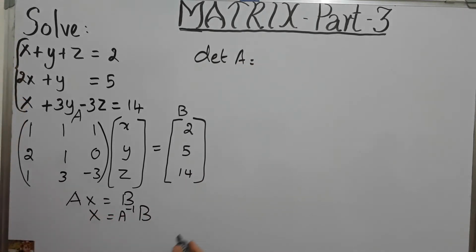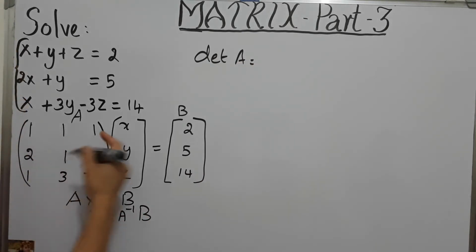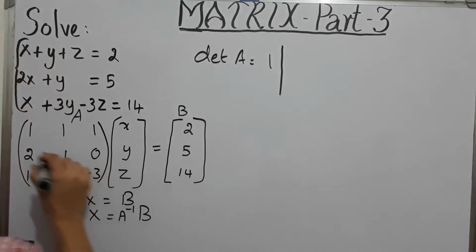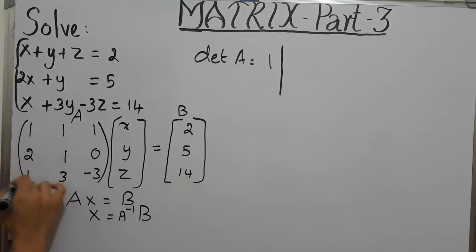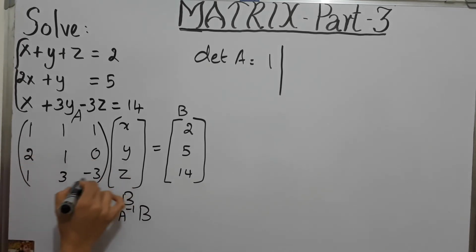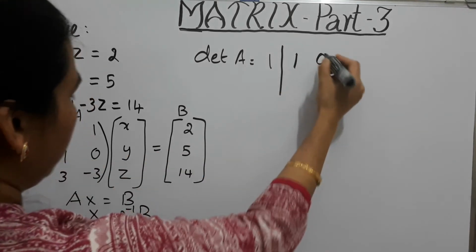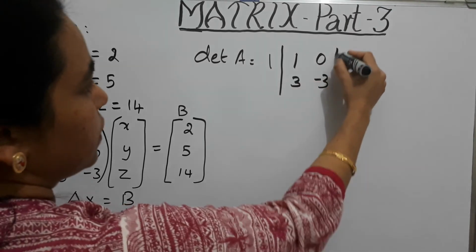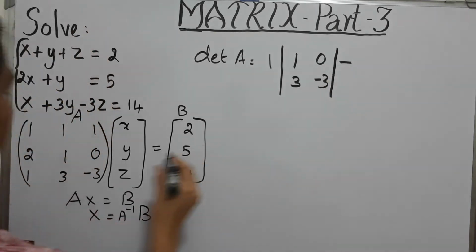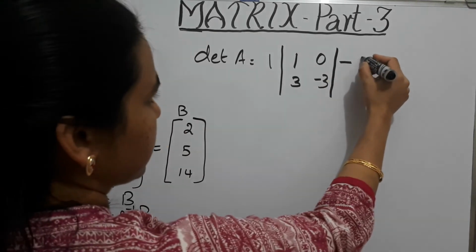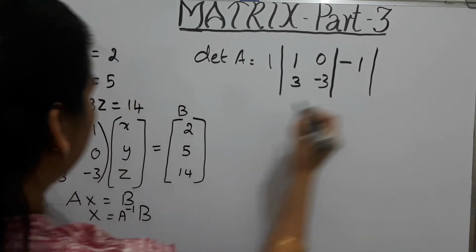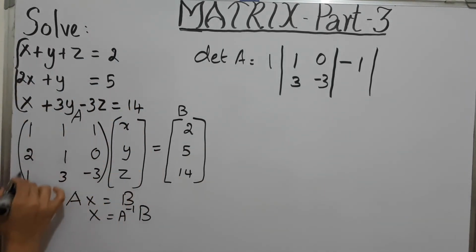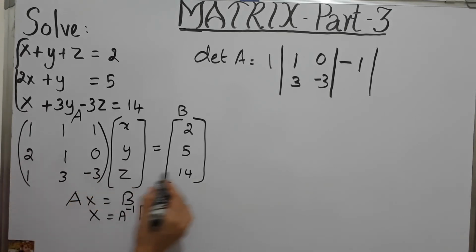So the determinant of A is equal to, first of all, you take the first row. You multiply 1 by the determinant you get when you ignore the first column and take the other 4 elements: 1, 0, 3, minus 3. For the second term you take minus, and again 1 is the second element, times the determinant where you ignore the middle column and take the other 4 elements: 2, 0, 1, minus 3.